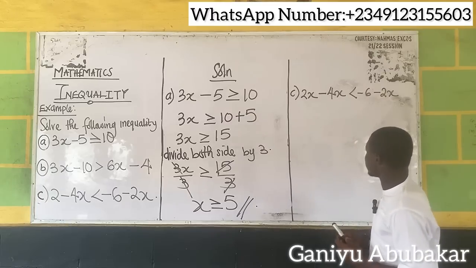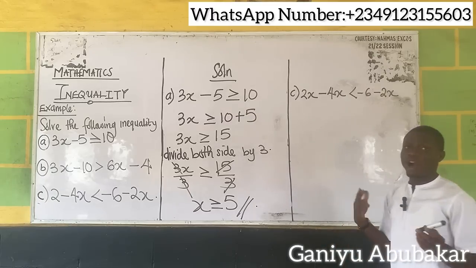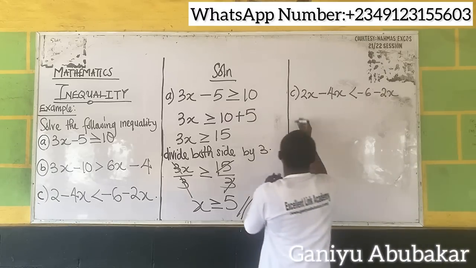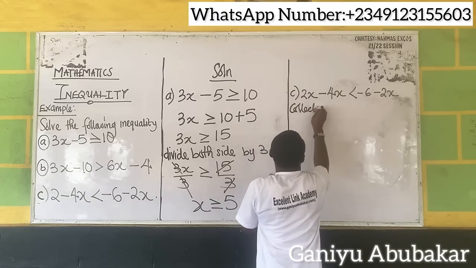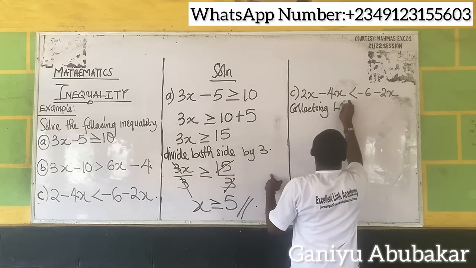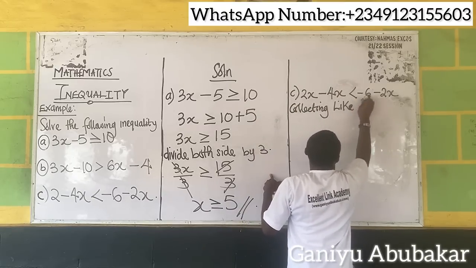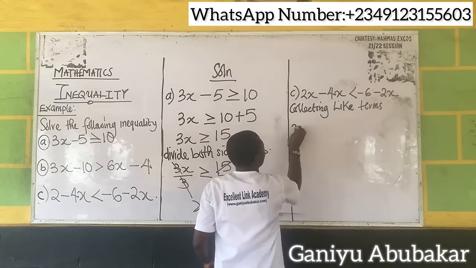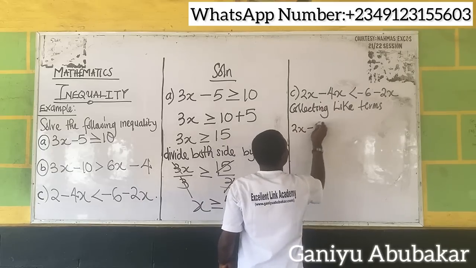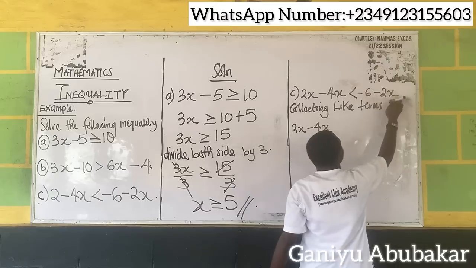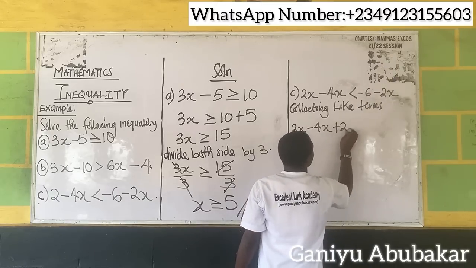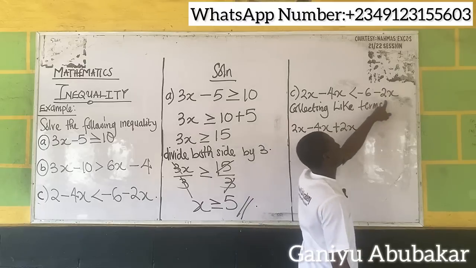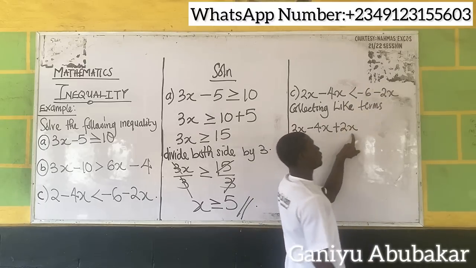All right, first task, I'll have to collect like terms here. So collecting like terms, I'll have this 2x first. So 2x minus 4x. Of course, this one here becomes plus 2x because negative 2x becomes a positive 2x.